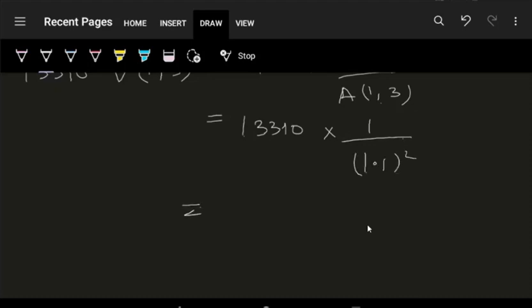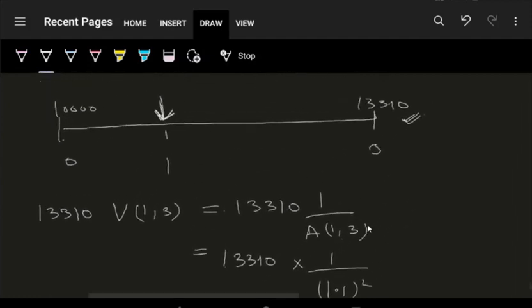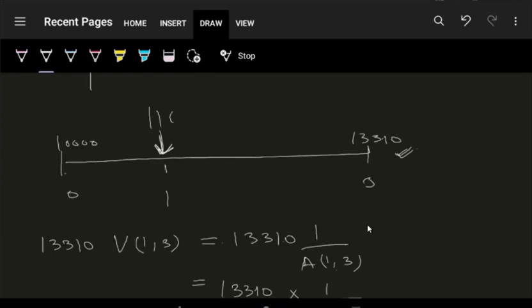You can also directly write it as 13,310 into v square, and the answer would come out to be 11,000. So the amount will come out to be 11,000.